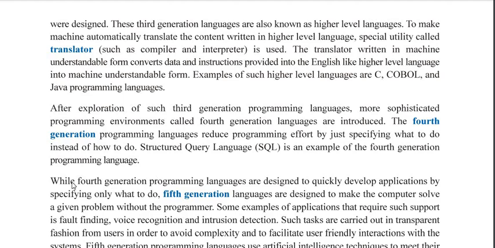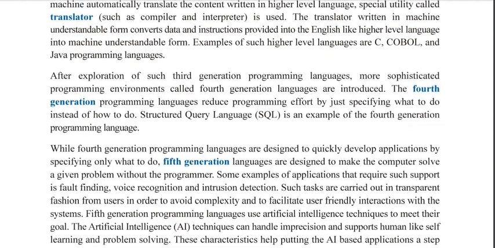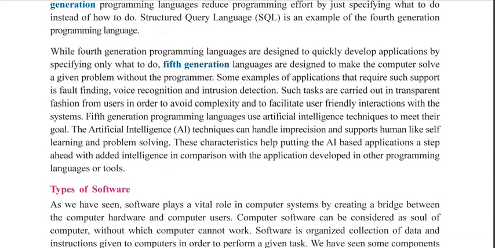Fourth generation programming languages are designed to quickly develop applications by specifying only what to do. Now fifth generation languages are designed to make the computer solve a given problem without a programmer. So who is the programmer? The one who develops a program. Now they don't want a programmer; the computer works on its own.